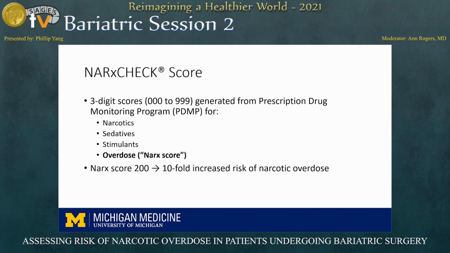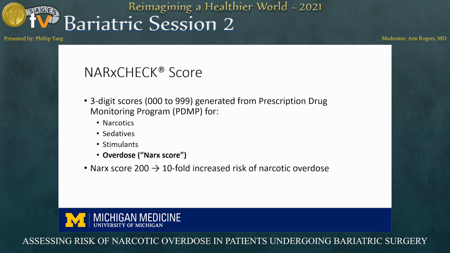So in our project, we looked at the Narcotic score, which is a 3-digit score generated from the Prescription Drug Monitoring Program. It's a set of 3-digit scores from 000 to 999 for narcotics, sedatives, stimulants, and overdose. In our project, we refer to the Narcotic overdose score as the NARC score.